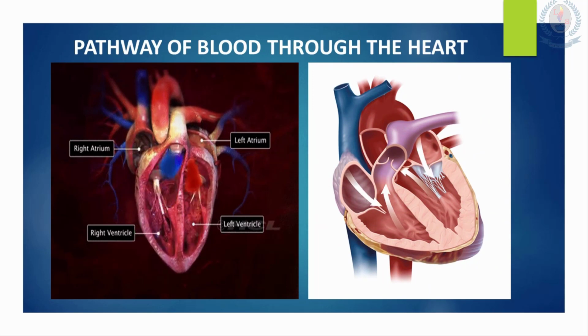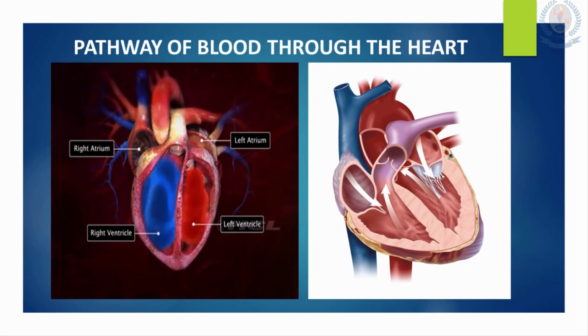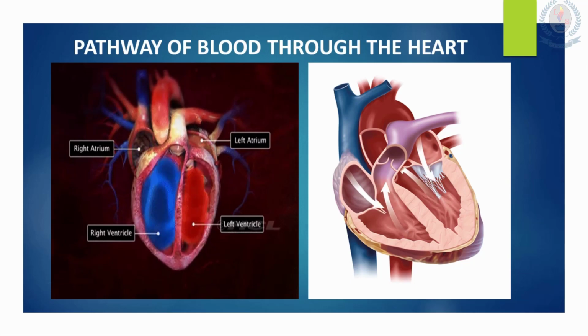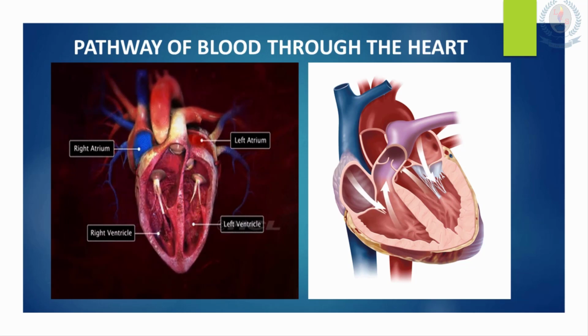You can see how deoxygenated blood enters the heart at the right atrium and then goes to the right ventricle, and how that deoxygenated blood leaves the right ventricle to the lungs via the pulmonary artery, and then how that oxygenated blood from the lungs will enter the heart from the pulmonary vein to the left atrium and then to the left ventricle, and finally how that oxygenated blood will enter the aorta.